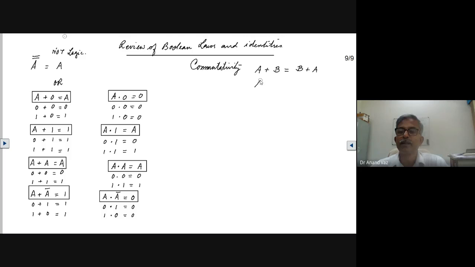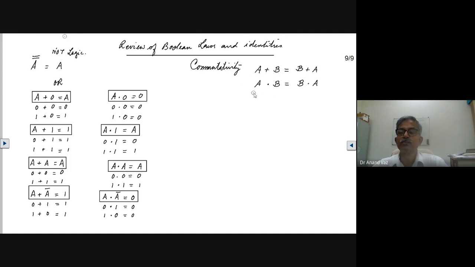If you take A and B, you can also check it's the same as B and A. What we have been doing here is creating a truth table. And if you prepare the truth tables for these operations also, you will get the same thing.